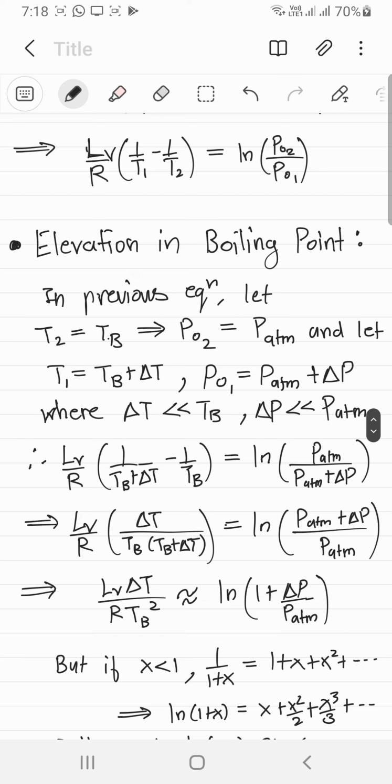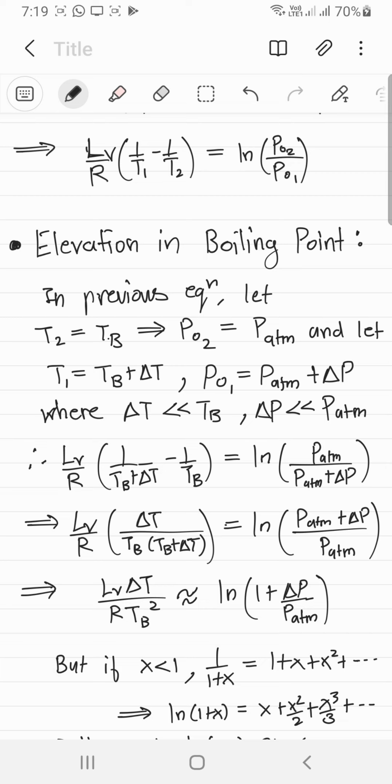So let T2 be equal to the boiling temperature. So what is the boiling temperature? It's the temperature when the vapor pressure of the pure substance becomes the atmospheric pressure. That's how the boiling point is defined. So if T2 is the boiling temperature, then that means that P02 must be the atmospheric pressure.